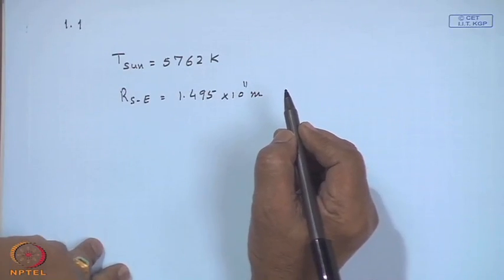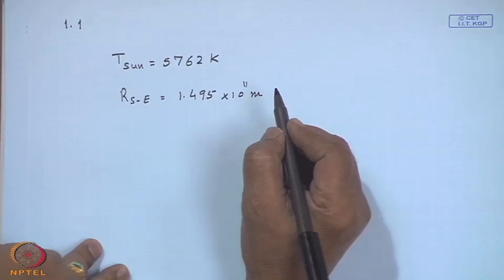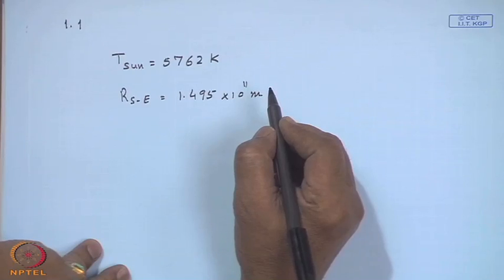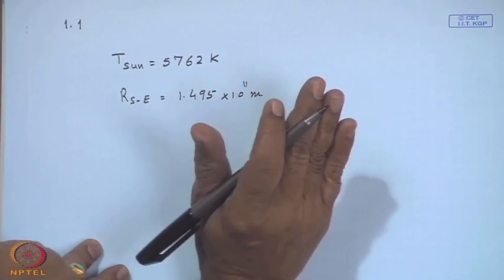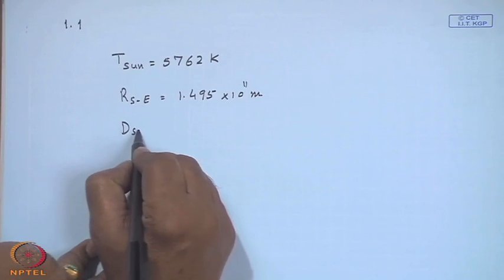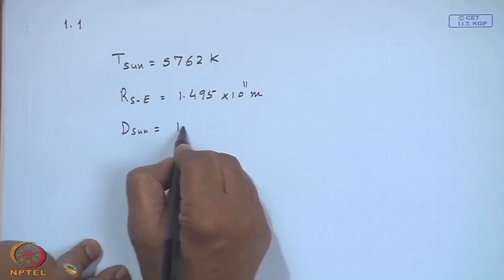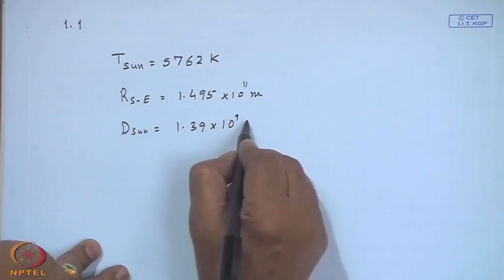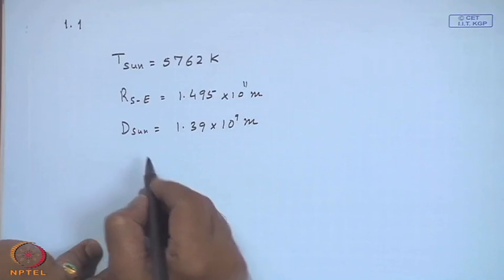Though we have gone through all these things in the lectures, and probably these numbers also were given, I felt a reiteration would be helpful for you to have an idea of the orders of magnitude involved. And diameter of the sun is 1.39 times 10 to the power 9 meters.